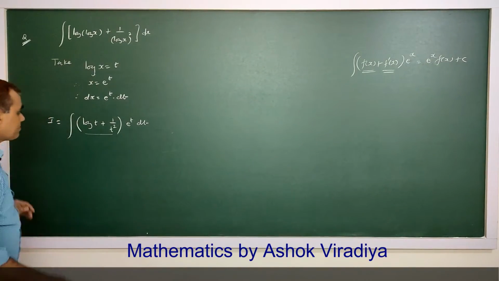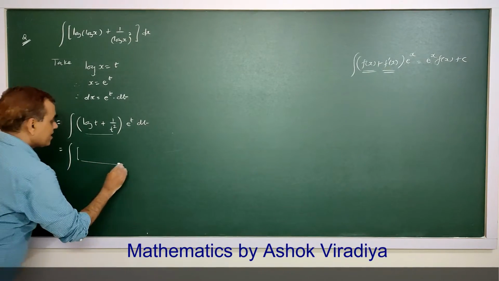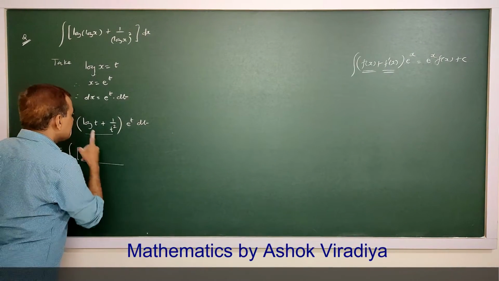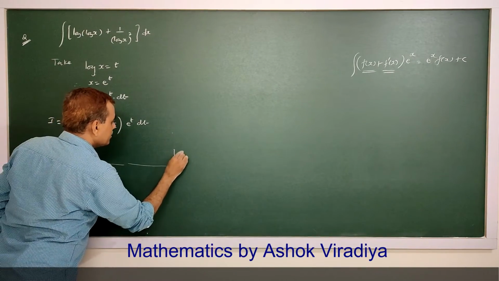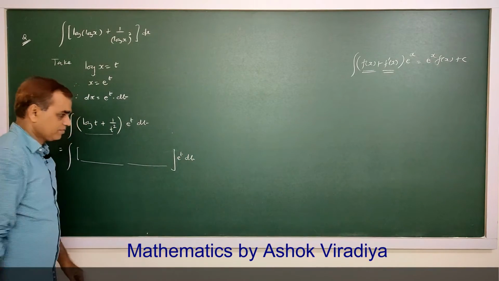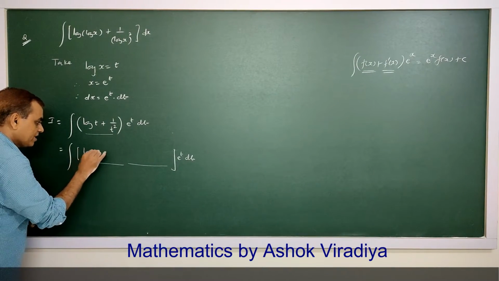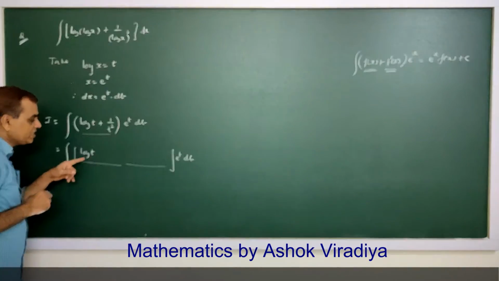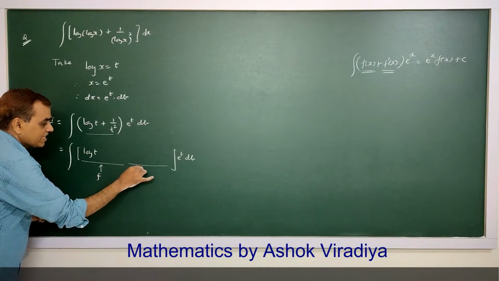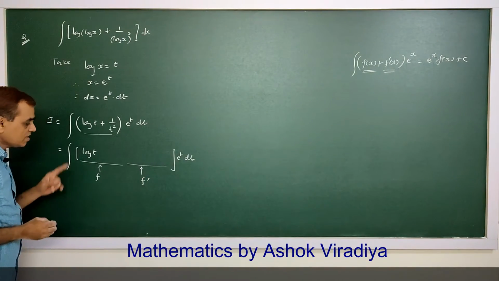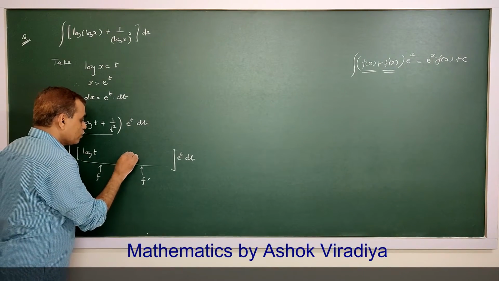So here we are trying to set f of t, and here f of t, e raised to t dt. Here I am putting log t. If log t is in the first part, its derivative should be in the second part. Log t is a part of f, so the derivative of log t is 1 upon t.